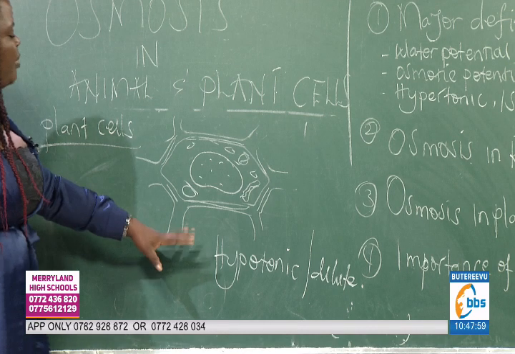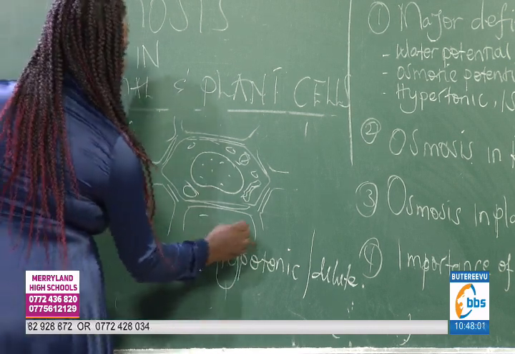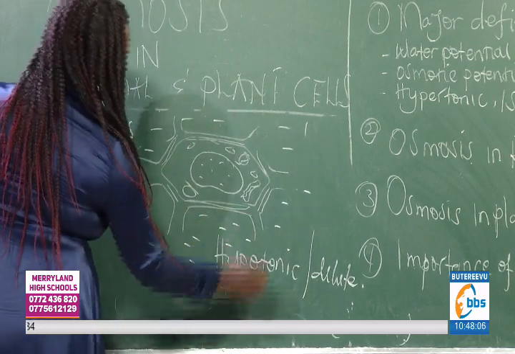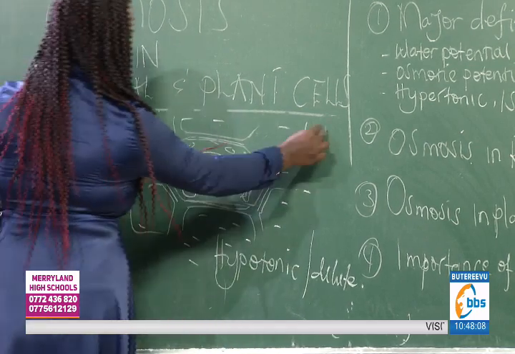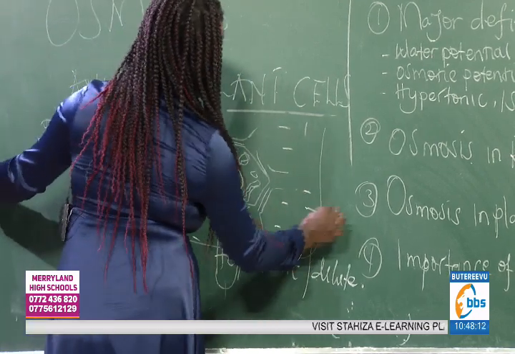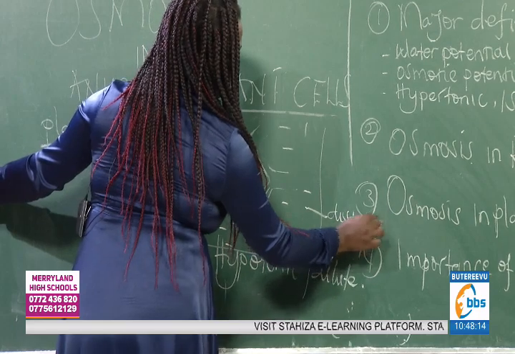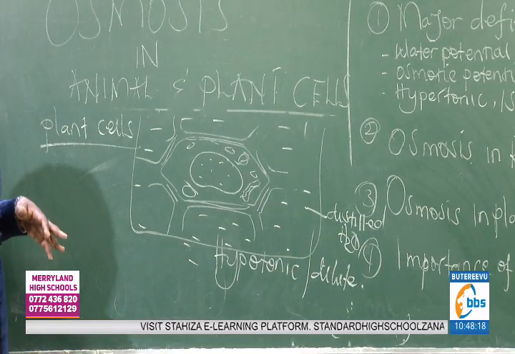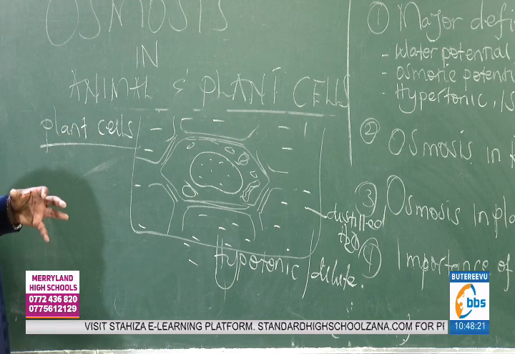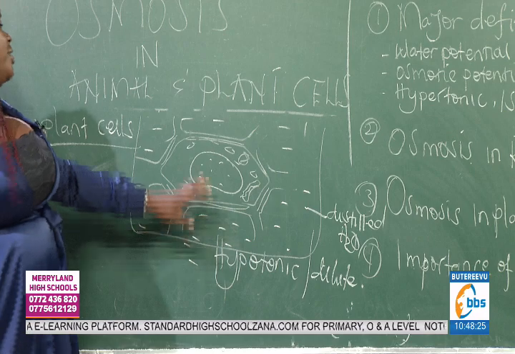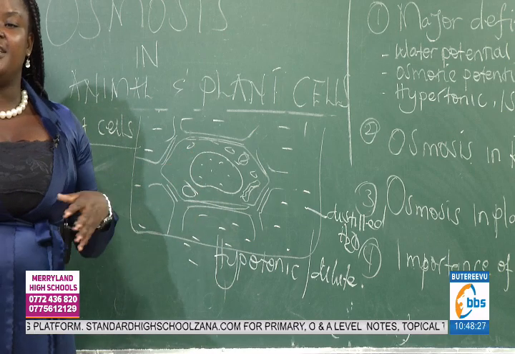So when you place a plant cell in an environment that has a lot of water, say distilled water in our beaker, which is the same as our hypotonic or dilute water, the surrounding environment will have more water potential than the inside of the plant cell.